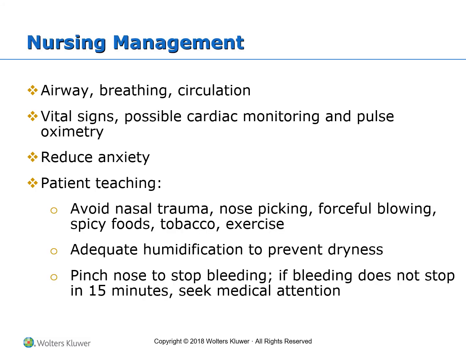As far as nursing management, always think about your ABCs when you're taking care of any kind of respiratory issue, whether it's upper or lower. So make sure they have a patent airway. Make sure they're breathing, and if they are breathing, make sure it's sufficient. And then they should have good circulation. Check their pulse ox, check all their vital signs because it could be cardiac related.